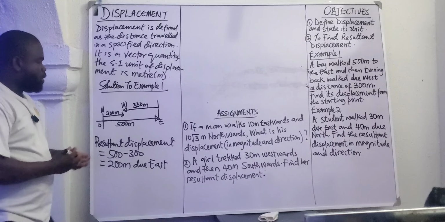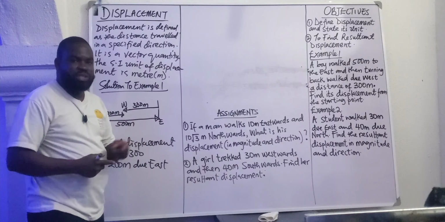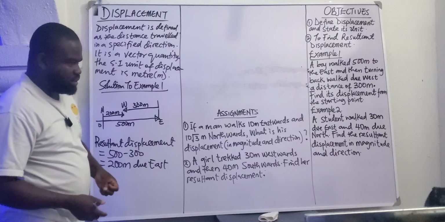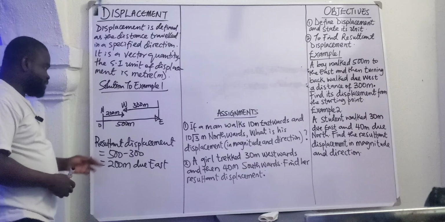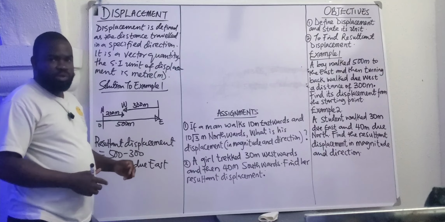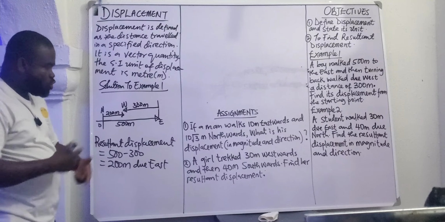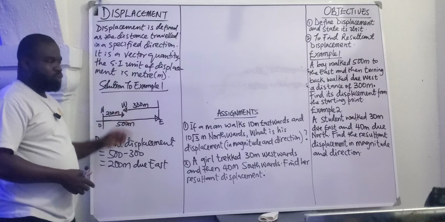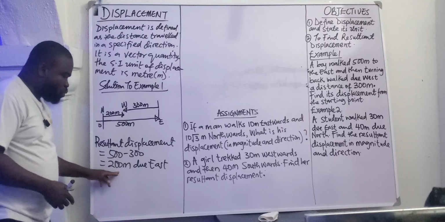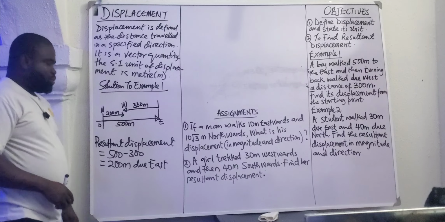Good. So once two vectors are moving in opposite directions, we say you subtract. That's another way to understand it. The body moved first due east, in the positive direction, and then moved due west in the negative direction, so you subtract 500 minus 300 to give you 200 as the resultant displacement due east.